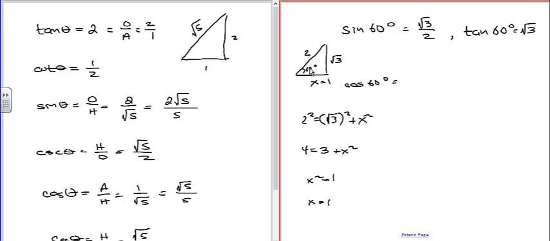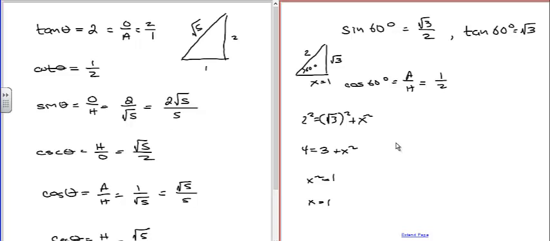So for 60 degrees, I can find all of the trig functions, because as far as 60 degrees, this is the opposite, this is the adjacent, this is the hypotenuse. The cosine of 60 degrees, which is adjacent over hypotenuse, is 1 over 2.